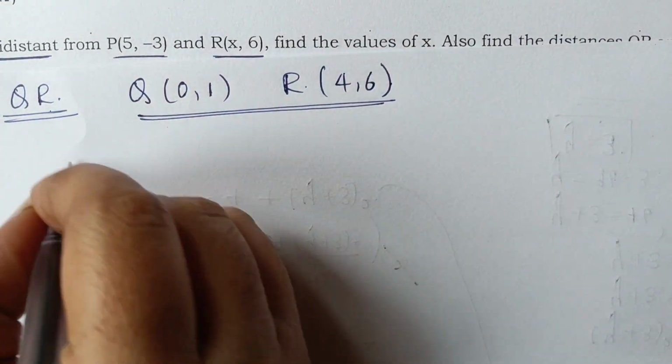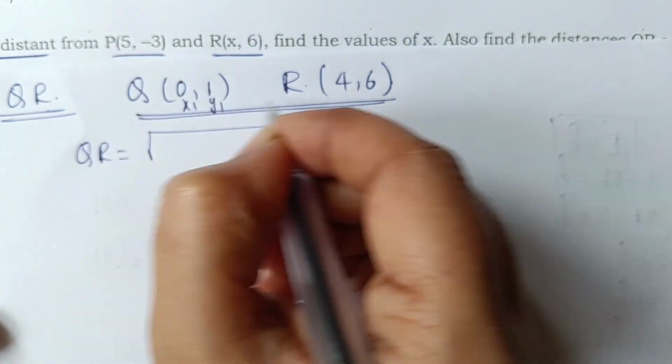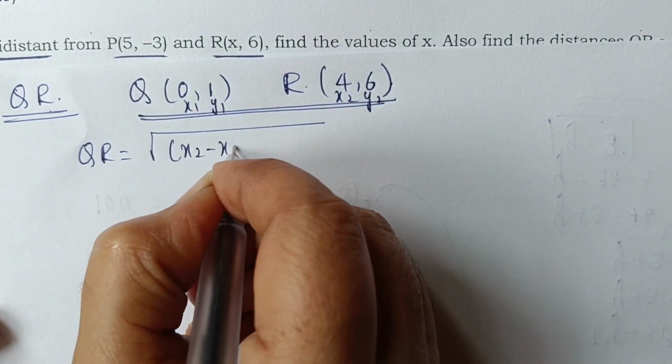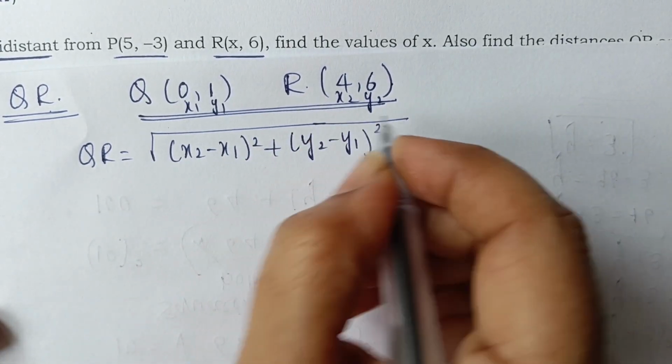Okay, so QR is equal to square root of, this is x1 y1, x2 y2, then (x2 minus x1) whole square plus (y2 minus y1) whole square.